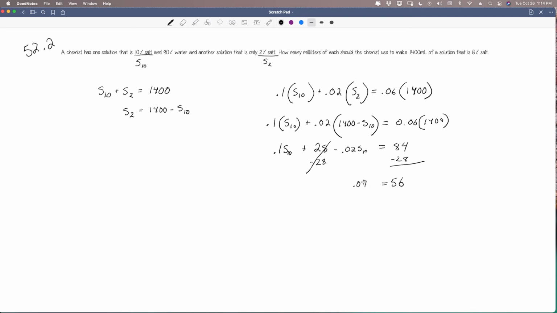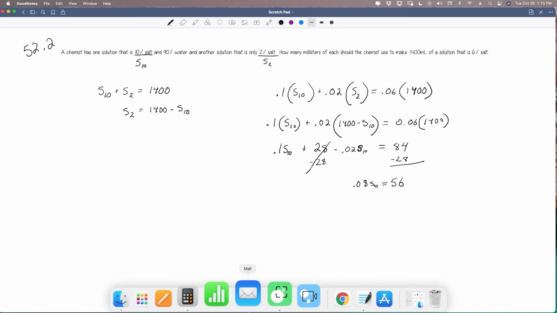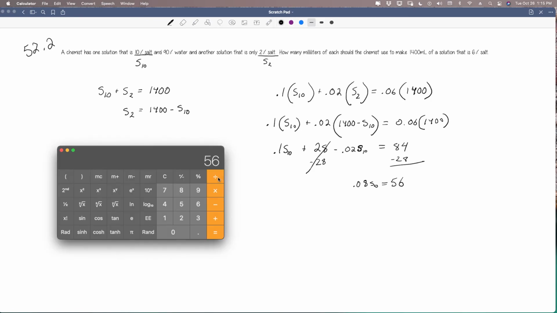I read that as a 5. It's not a 5. That just says I need to have better handwriting. It's an S, Tracy. So 0.1 minus 0.02 leaves 0.08. And that's S10. Right? All right, so we're going to divide 56 by 0.08, and that equals 700.